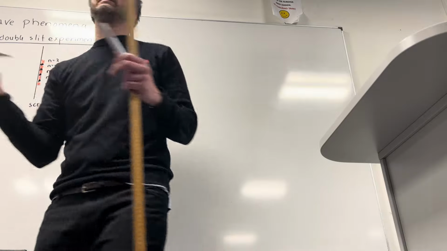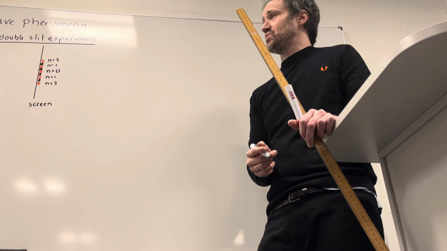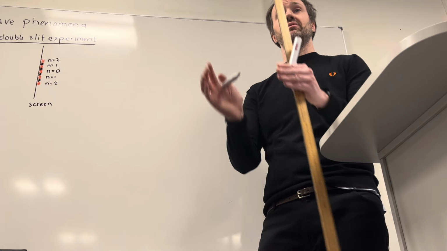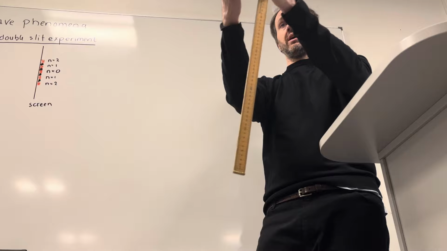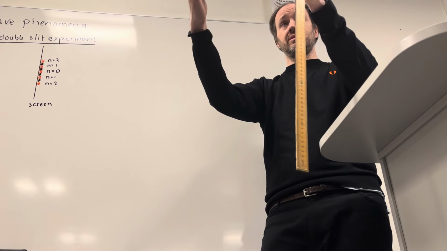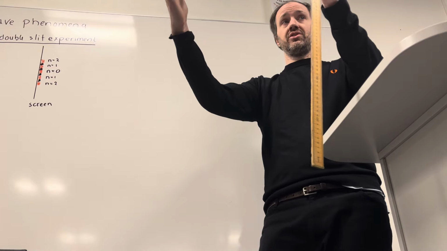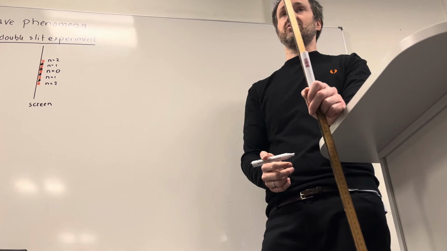That's how we labeled these maxima. So we basically got an interference pattern. Bright light in the middle, then dark fringes, followed by another bright light, and dark fringes, and bright light. That's what we refer to as the interference pattern.